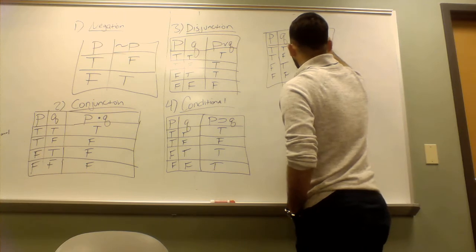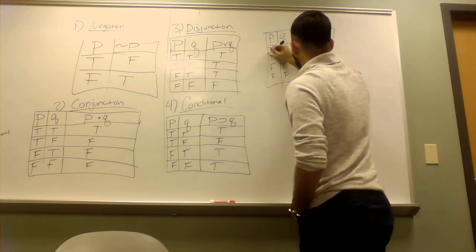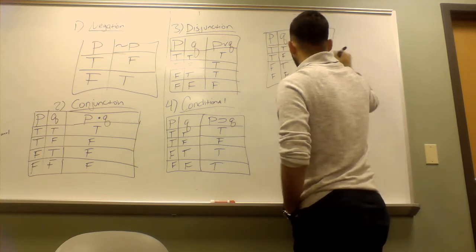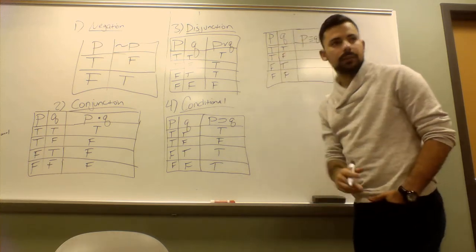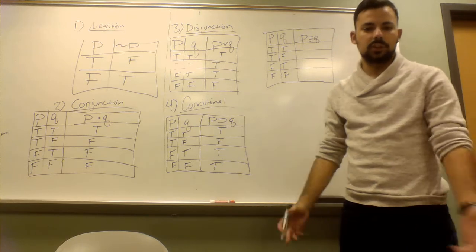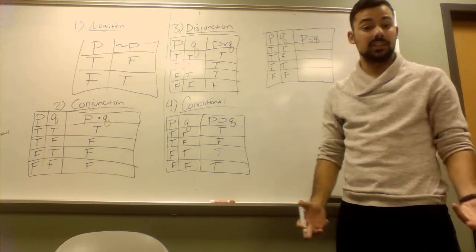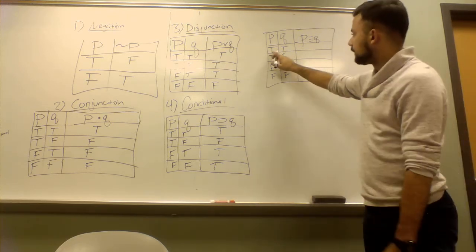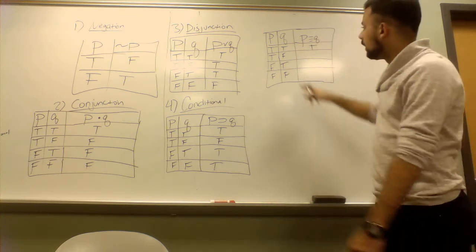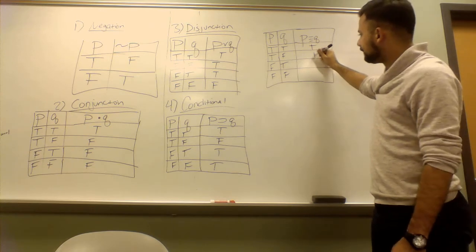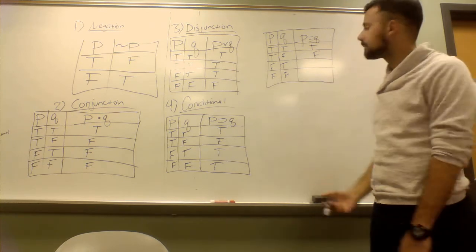So P is equal to or equivalent to Q. If I say P is equal to Q, that means that they're exactly the same. They're identical, even, right? P is true, Q is true. That's true, because they're identical. P is true, Q is false. False. They're different in that case.